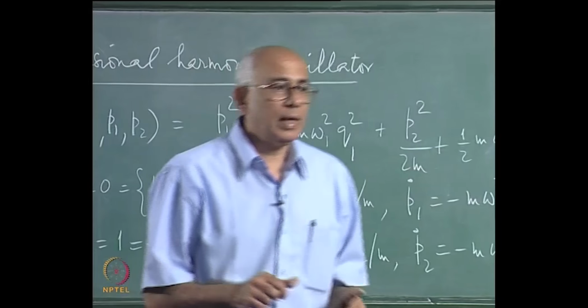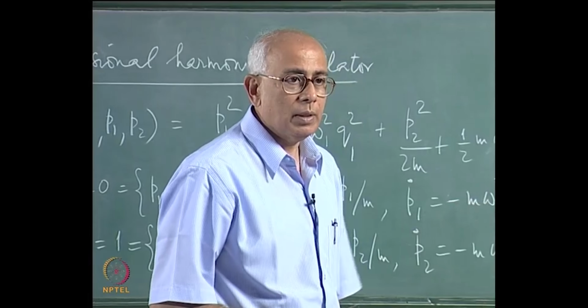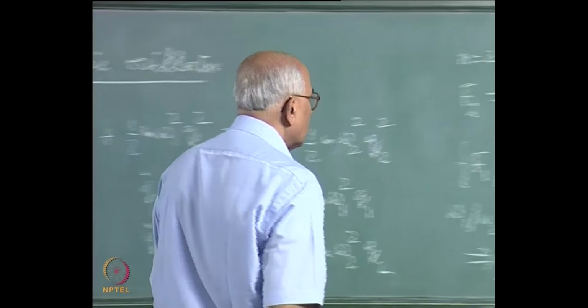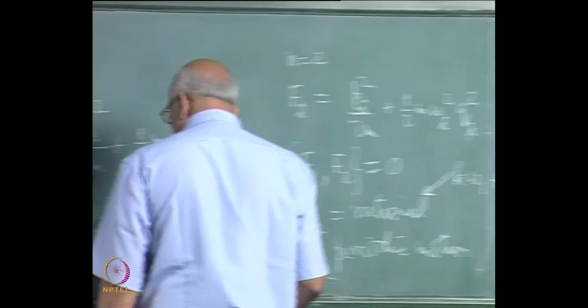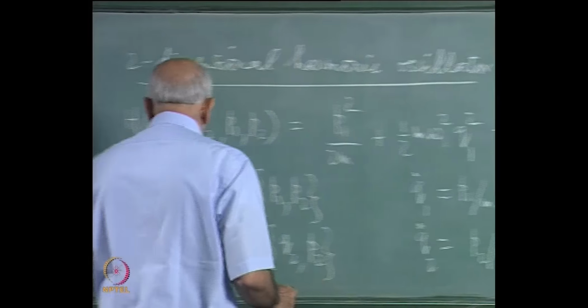If we now go to action angle variables, and there is a standard method for finding the action variable in this case, it turns out that this Hamiltonian which we have written down here could be written in terms of action angle variables as follows.